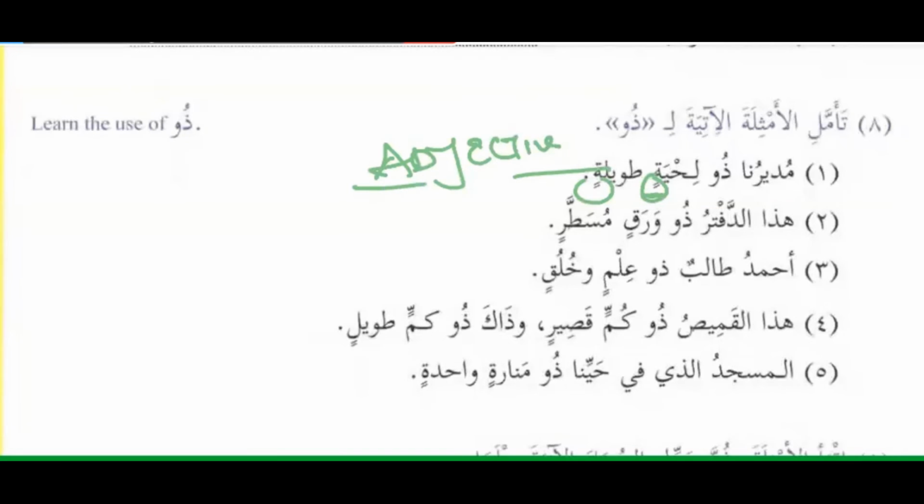The adjective, the naat, will follow the noun qualified, and lihyatin is the noun qualified. Are you clear with this, or should I repeat? Because all others will follow the same pattern. Do you want me to explain it again? No, it is clear for me. For others?